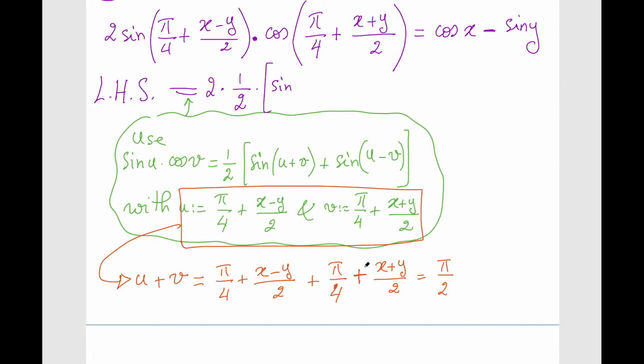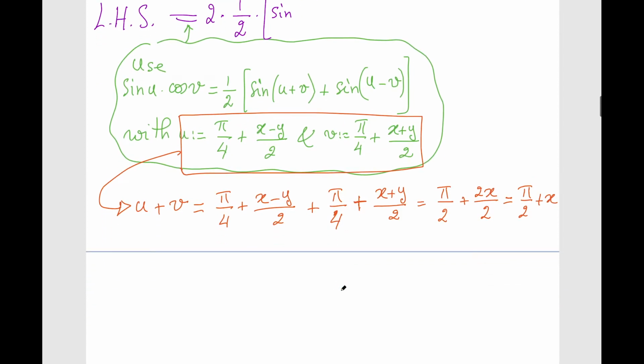Well, x minus y plus x plus y, the y's are going to cancel, and you're going to get 2x over 2, right? Because negative y plus y is 0. So x plus x is 2x over that common denominator 2. And 2x over 2 is x, right? So that's pi over 2 plus x then.